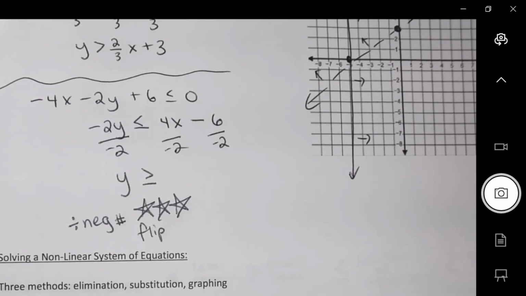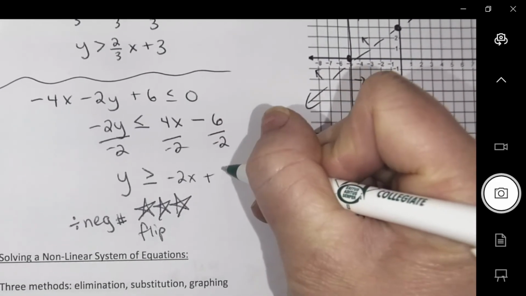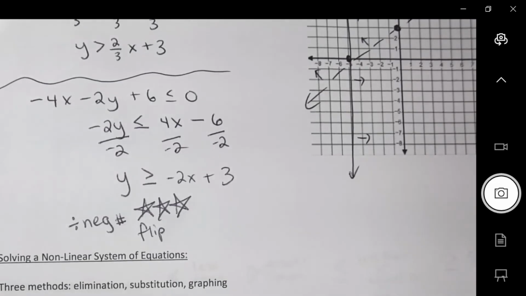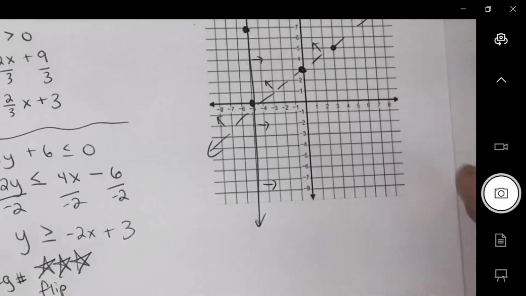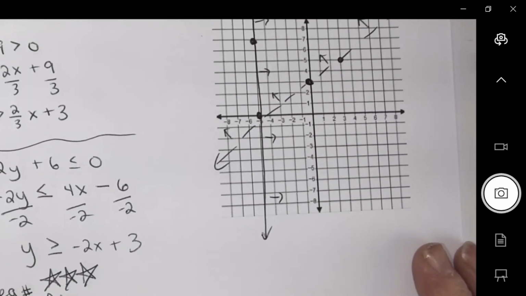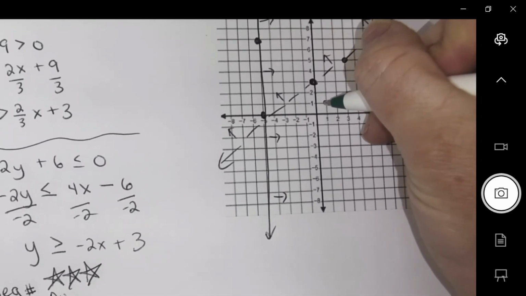Okay, so point it to the other direction. So y is greater than or equal to -2x plus 3. Okay, so graphing, the 3 is the same, down 2, right 1.